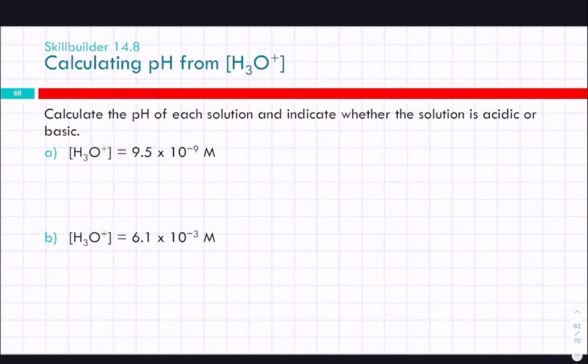All right, so if we want to calculate the pH of each solution and indicate whether it's acidic or basic, we have 9.5 times 10 to the negative 9. To calculate pH, we say negative log of 9.5 times 10 to the negative 9, and the pH is 8.0.